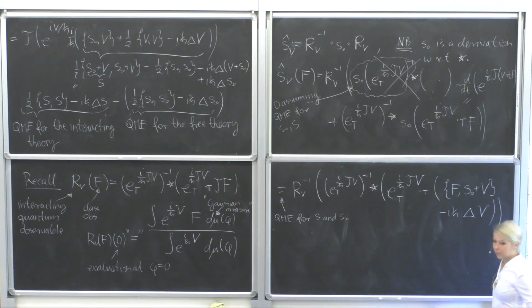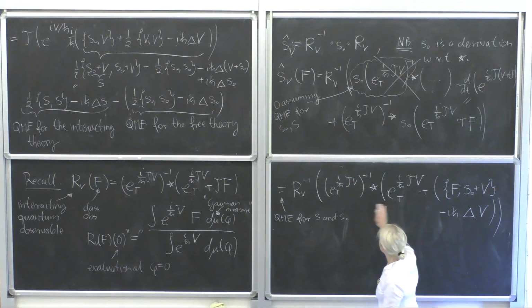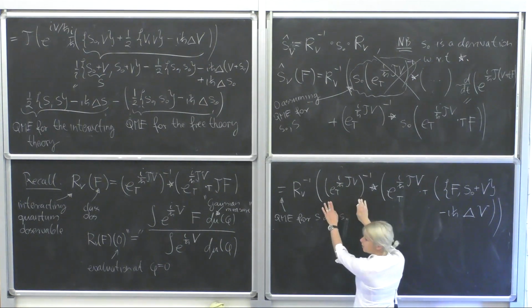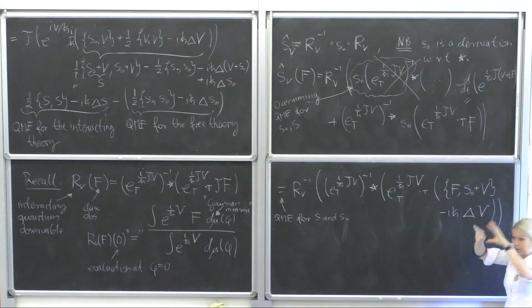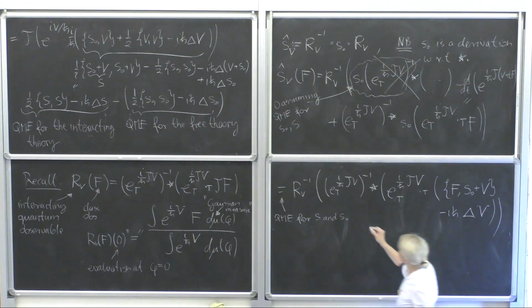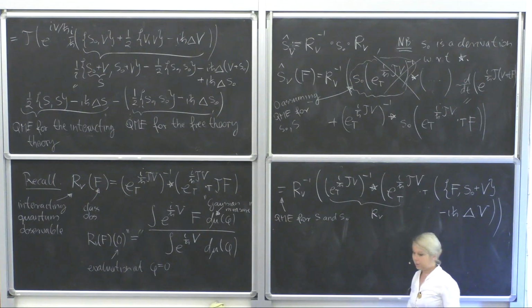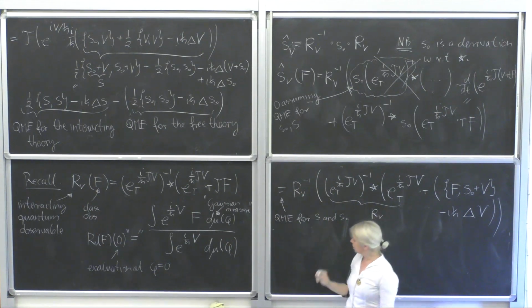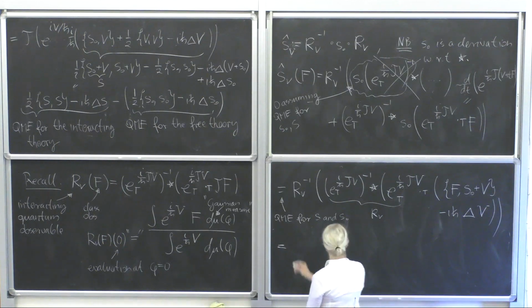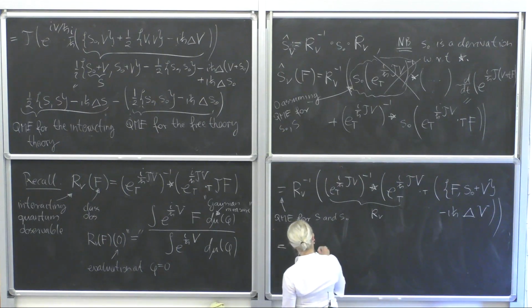Now what do I notice? I notice that this expression here, I can again gather it into RV. So this gives me RV, cancels RV minus 1. Magic. I have now the formula.